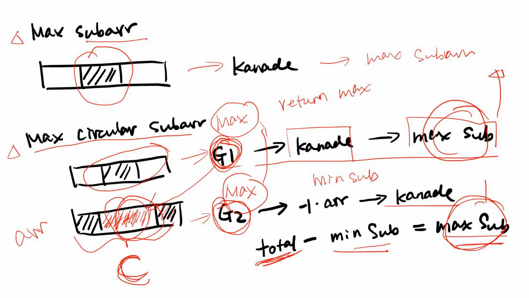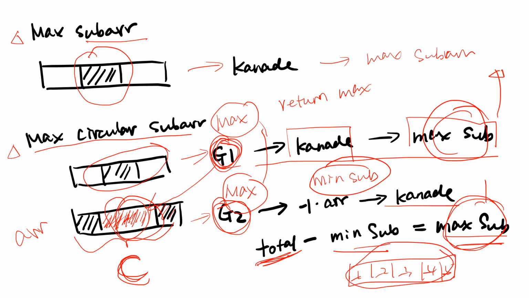So how do we get this minimum subarray? The method we're using here is to change all the values to their negatives. Let's say here we have the values 1, 2, 3, 4, 5. In order to get the minimum value, we simply put a minus sign on each of them, and then feed this array to the canonical algorithm, because the canonical algorithm will give us the maximum.